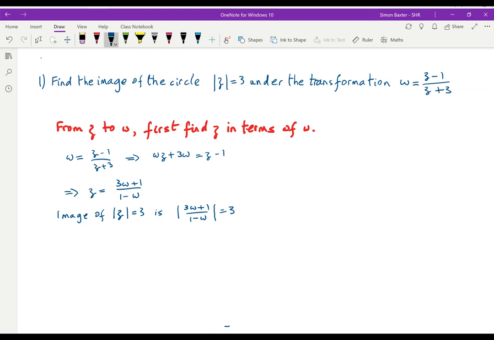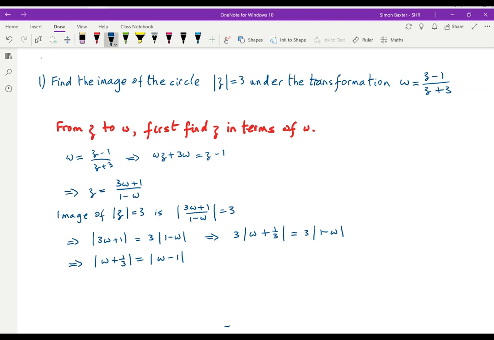We can multiply both sides by mod 1 minus w. And I can take a factor of 3 out from the left-hand side. Divide both sides by 3, and I get mod (w plus a third) is, well, the modulus of 1 minus w is the same as the modulus of w minus 1.